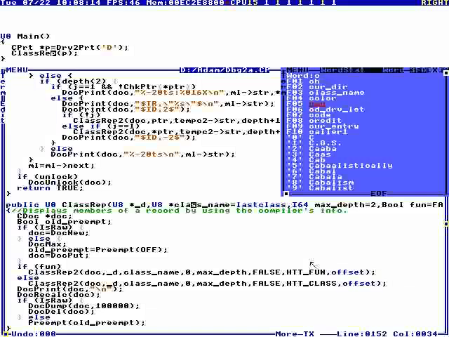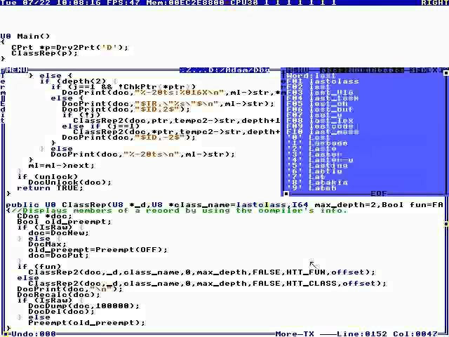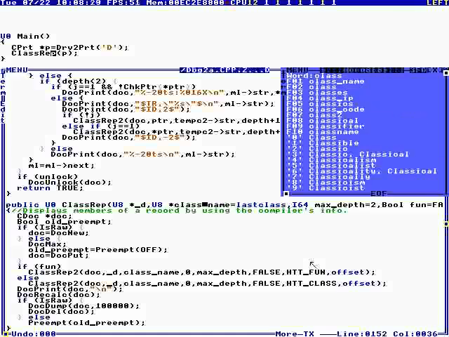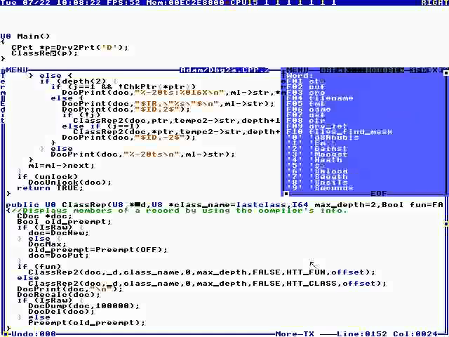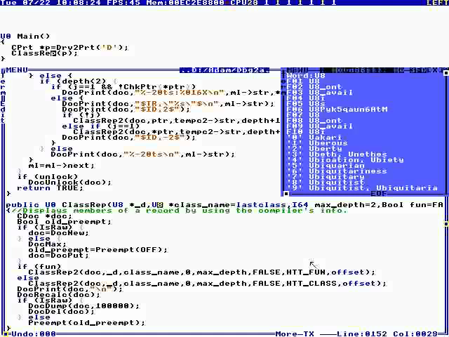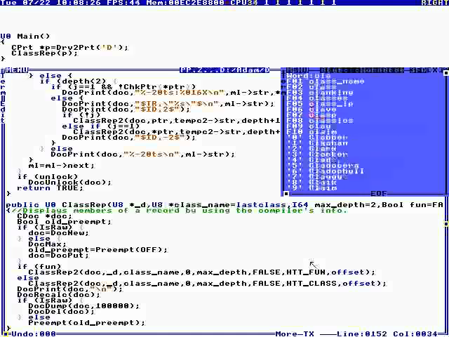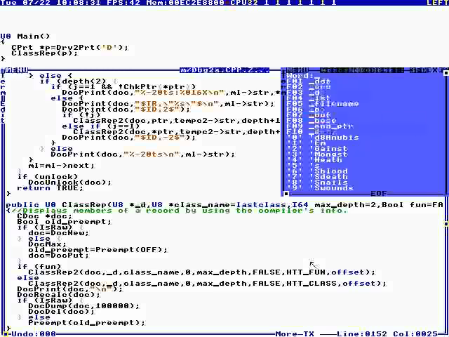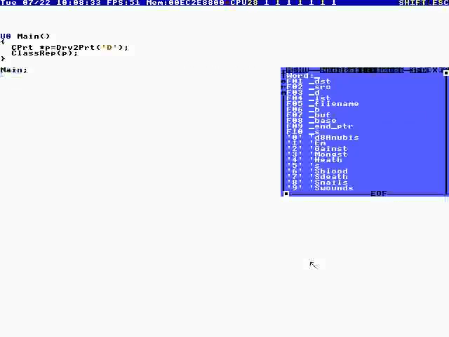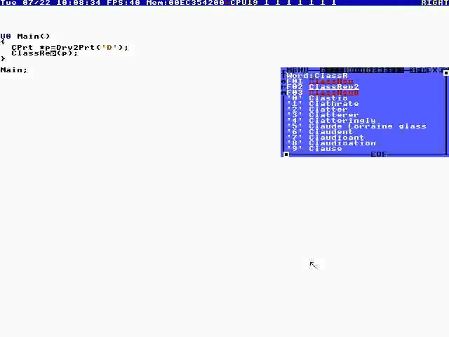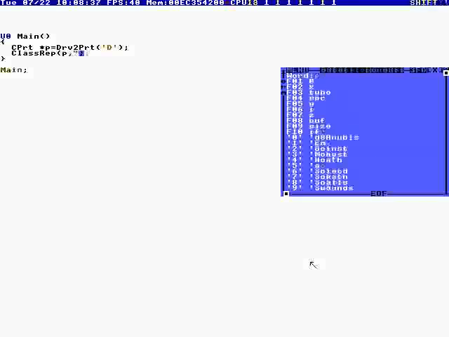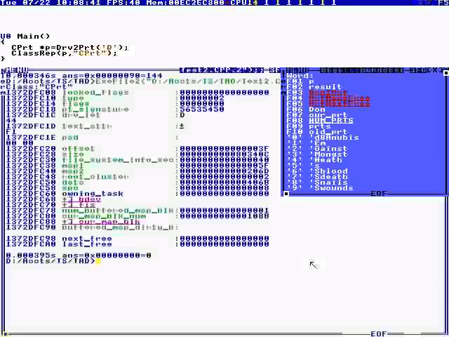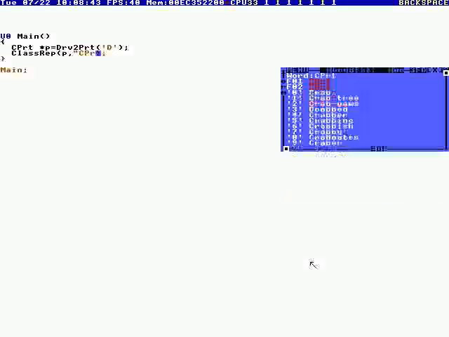This is an interesting kludge. This tells the class name of the previous parameter. In other words, I think it's the same as if we say this. It's identical. It can figure that out.